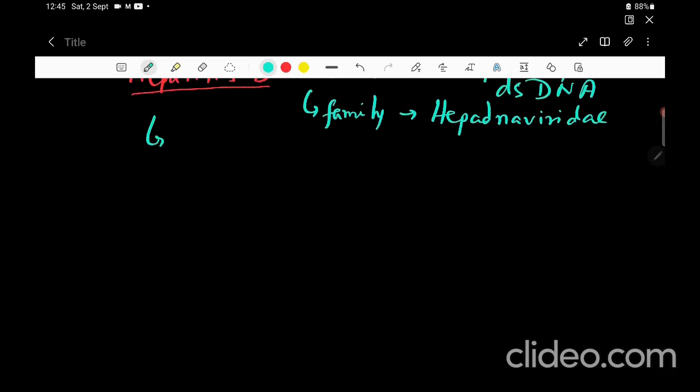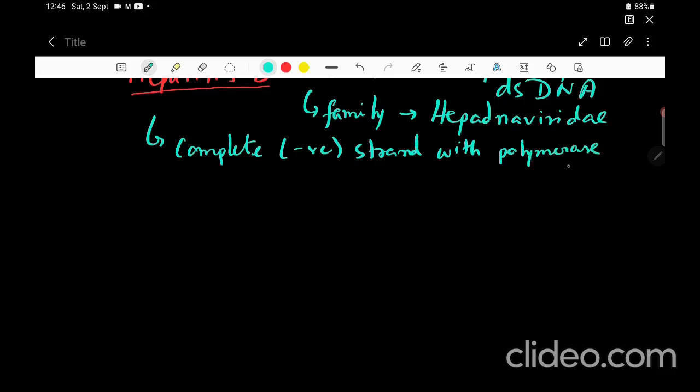This virus has a complete negative strand with polymerase enzyme, and an incomplete positive strand with primer.